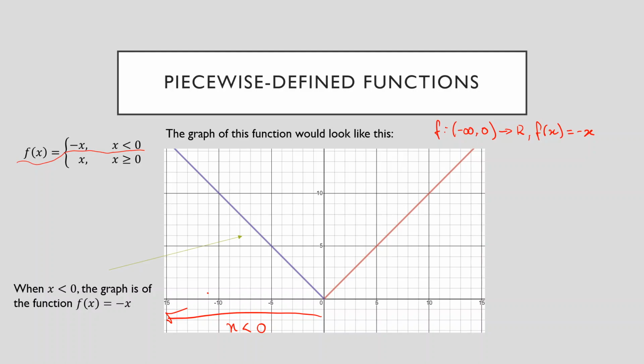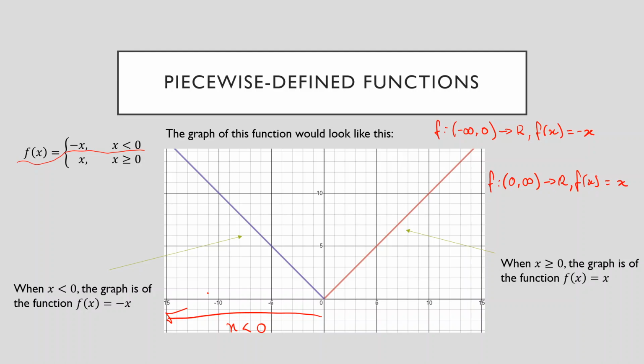The graph on the right is just the graph of the other part of the function. Okay, the graph of just f of x equals x, or if you prefer, y equals x, which is just that linear graph that goes through the origin, has a gradient of 1. And again, you could define just this part of the graph with the function f such that we go from 0 to positive infinity onto R. We've got f of x equals x.